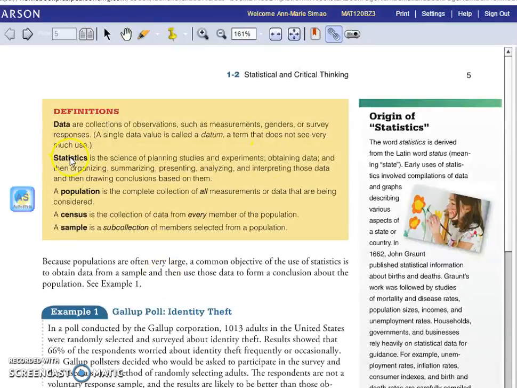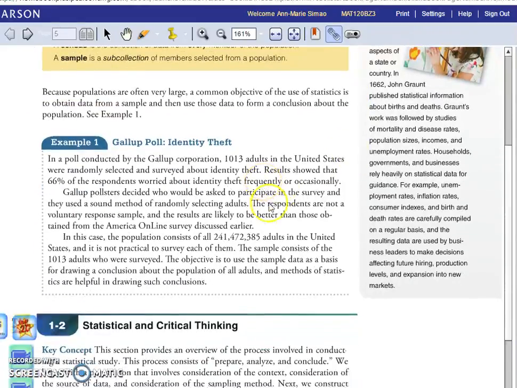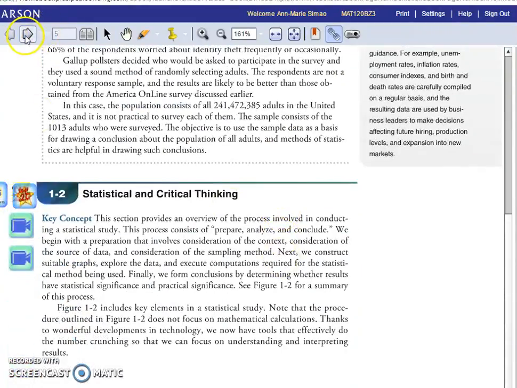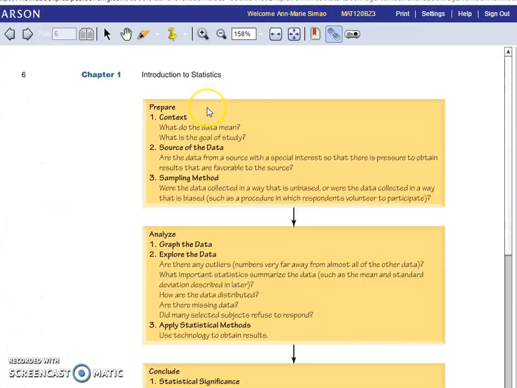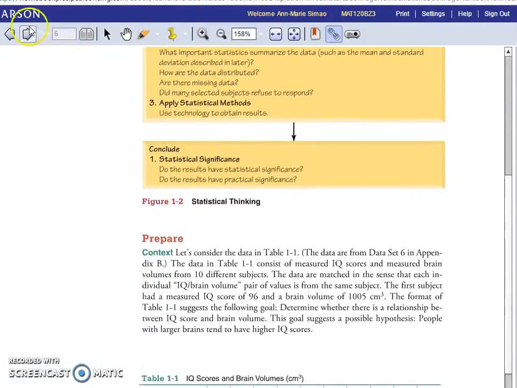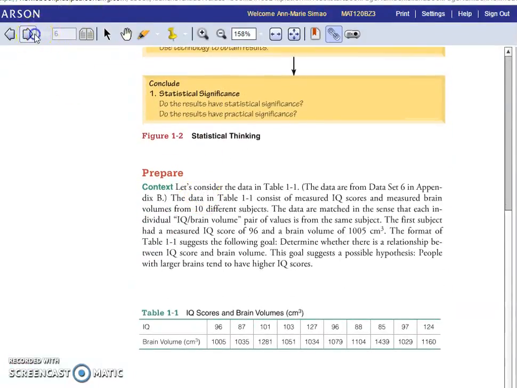So what's going to happen is when I scroll through my first time through, I'm just going to look at anything that has this shaded background or on the side here. So these are definitions, but I don't see bias. I also see origin of statistics. And then if I go up here, this arrow, next page, this is going to give me different statistical thinking.